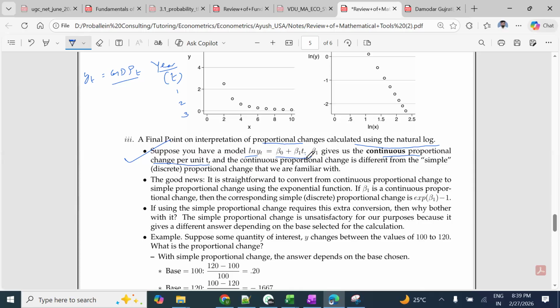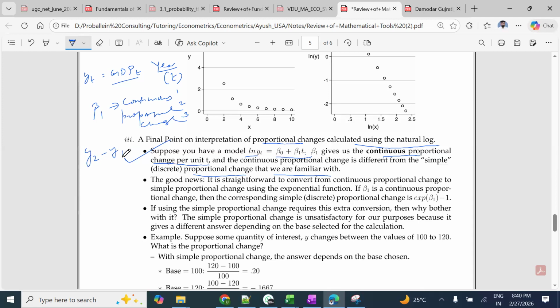So the continuous proportional change is different from the simple discrete proportional change that we are familiar with. Beta 1 is the continuous proportional change, which is different from the simple discrete proportional change which I had written earlier.